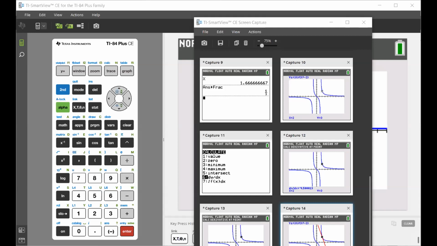So P bar prime. Now we're using the quotient rule, which is the denominator times the derivative of the numerator minus, now we swap them out, the numerator times the derivative of the denominator, all over denominator squared.